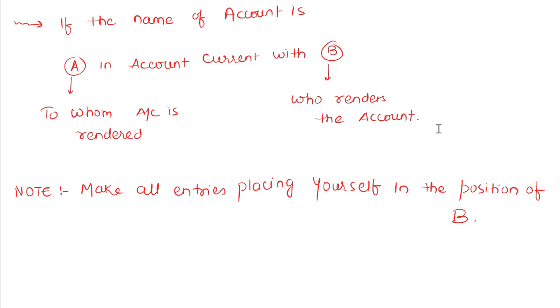You have to render the account. So B renders the account. So make all the entries placing yourself in the position of B.